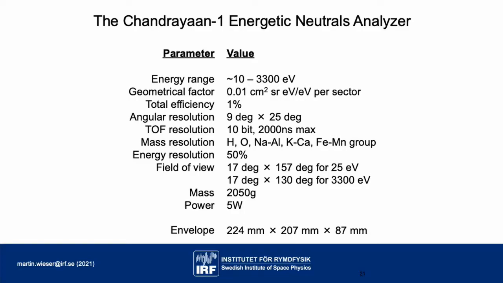Then we have an angular resolution, which is here shown as 9 to 25 degrees, but that's of course the angular resolution of the time of flight system. But as there is azimuthal scattering involved at the two surface interactions, the effective resolution is, as mentioned before, about 9 times 45 degrees.